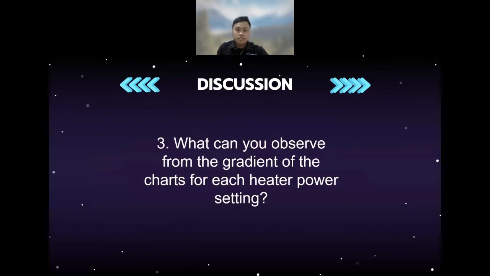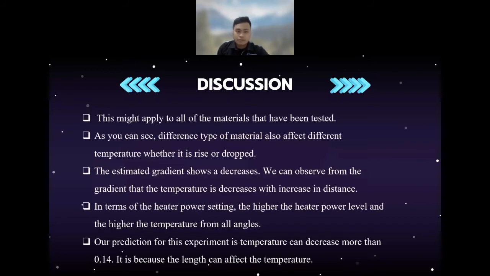For the third question in discussion, what can you observe from the gradient of the chart for each heater power setting? First, this might apply to all of the materials that have been tested. As you can see, different types of material also affect the temperature, whether it rises or drops. Then the estimated gradient shows a decrease.